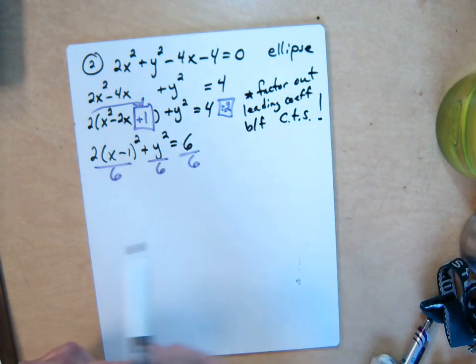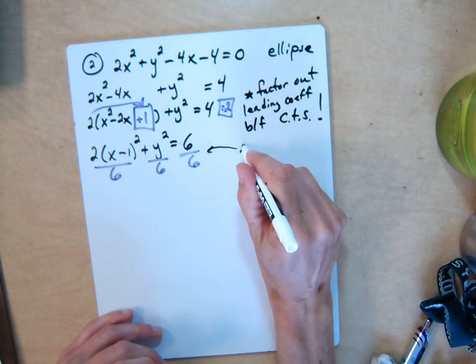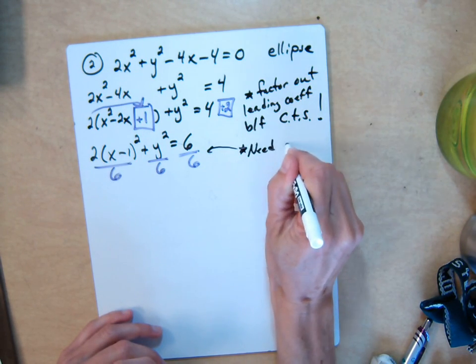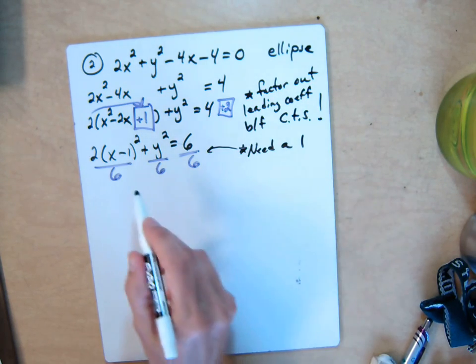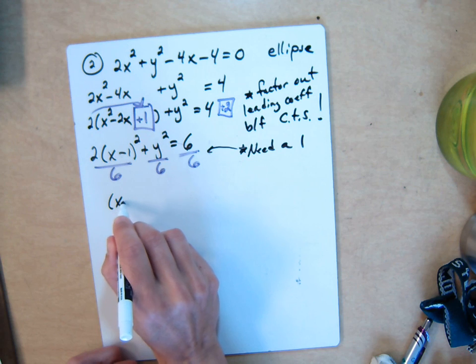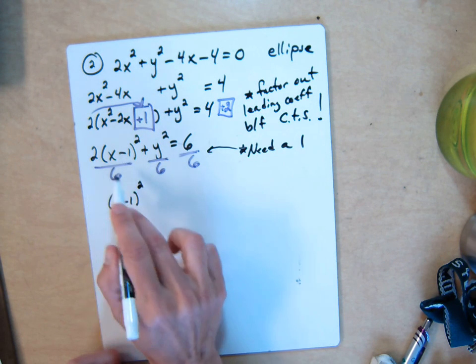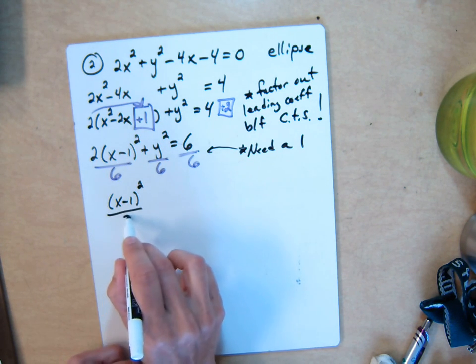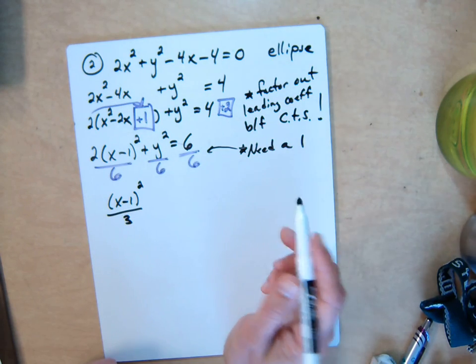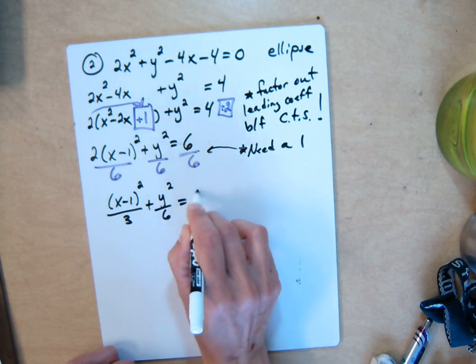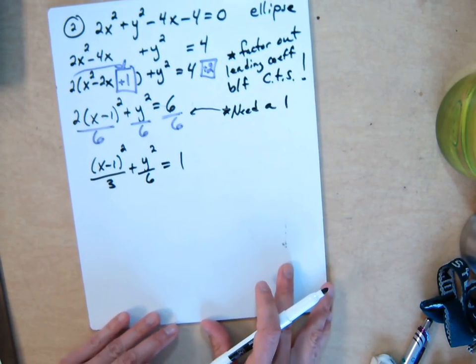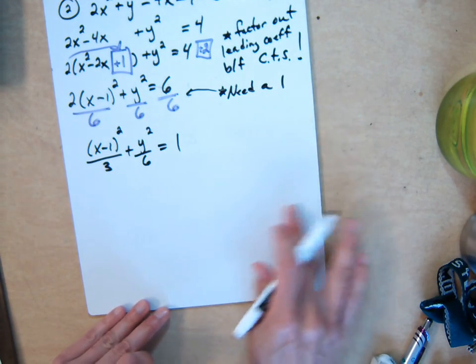You need a 1 here. So you divide everything by 6. Now we're almost there. 2 goes into 6 3 times, so 2/6 is the same as 1/3. So that goes away. Equals 1. There we go. Now it looks just like an ellipse.